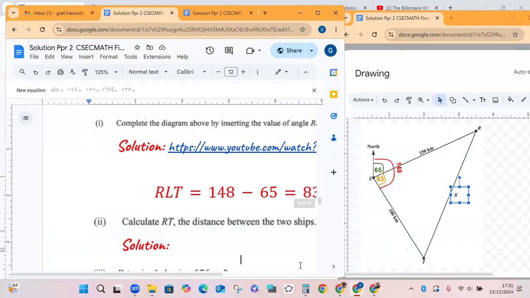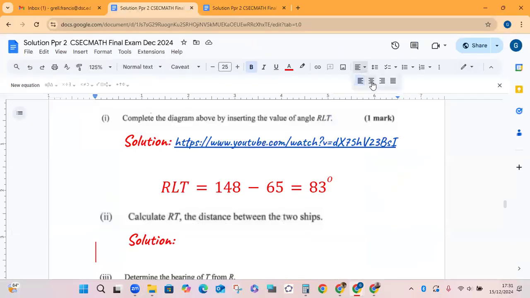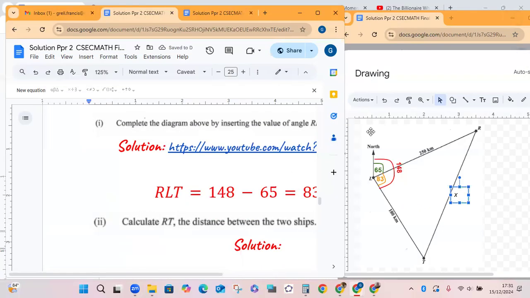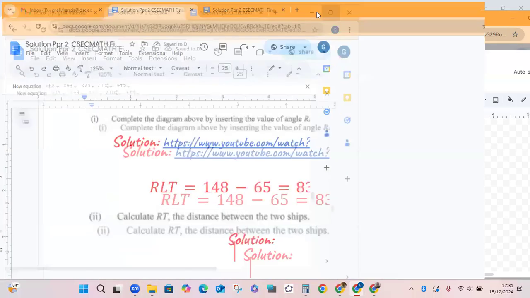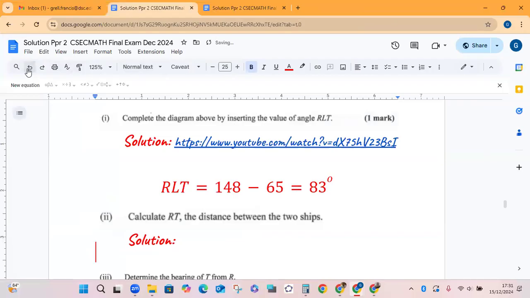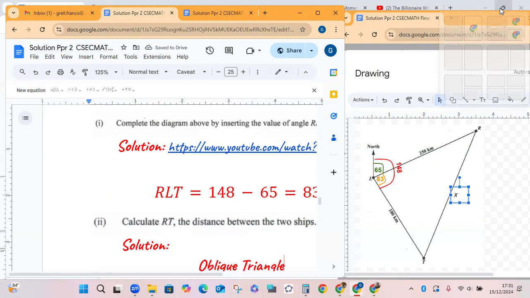Triangle RLT is an oblique triangle. So since we are dealing with an oblique triangle, SOHCAHTOA is out of it. So we are left with the sine rule and the cosine rule.